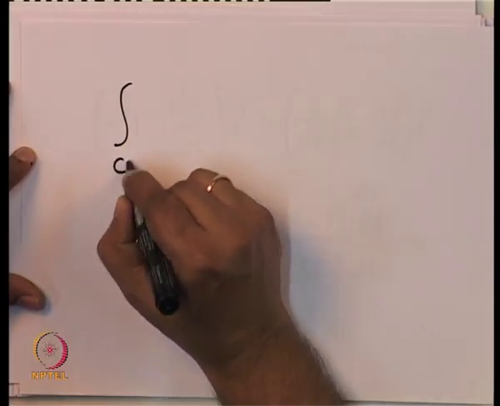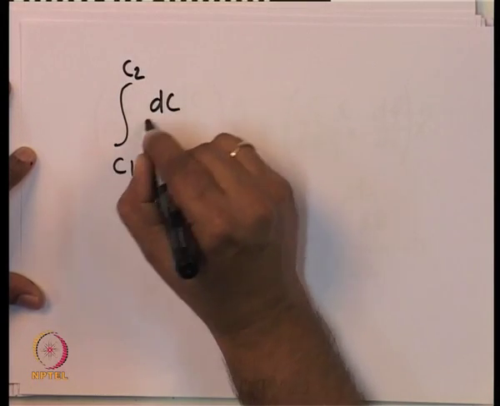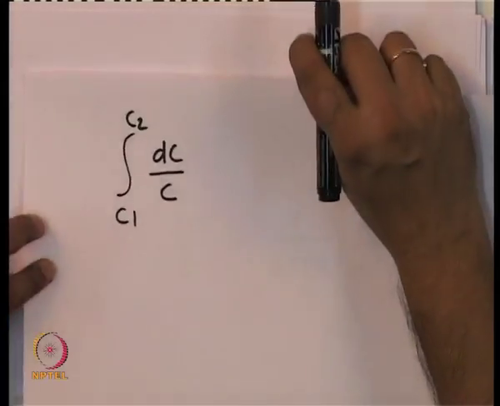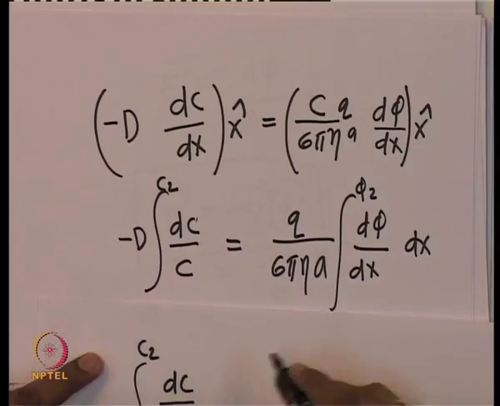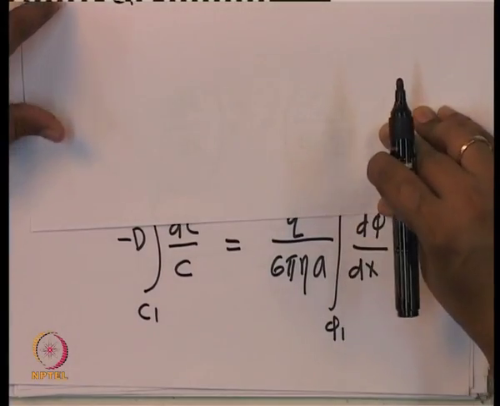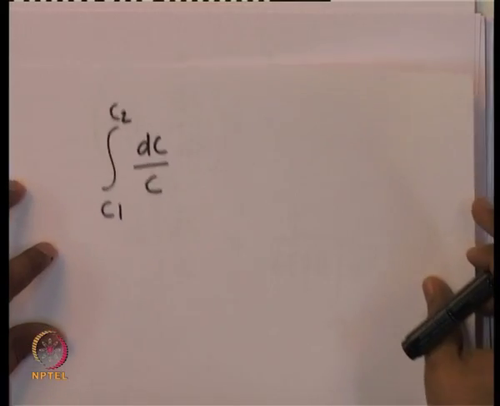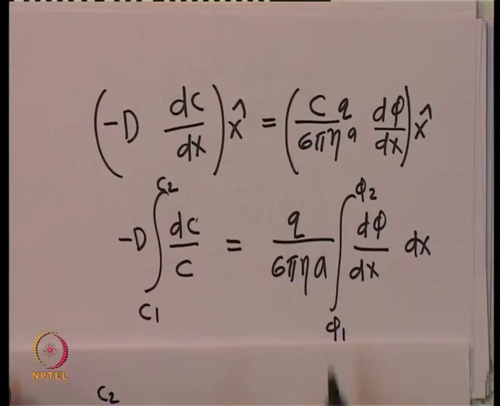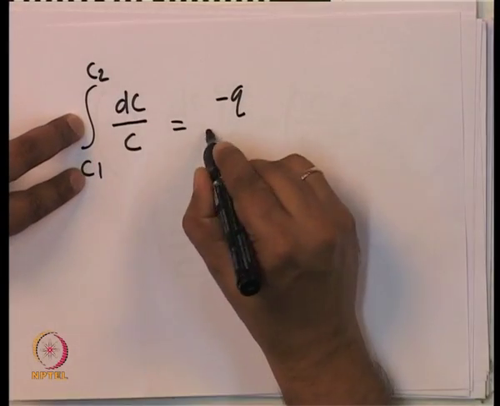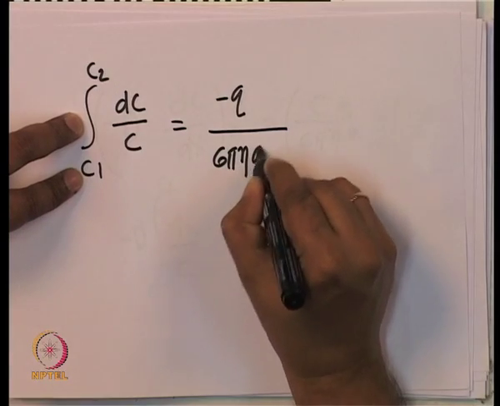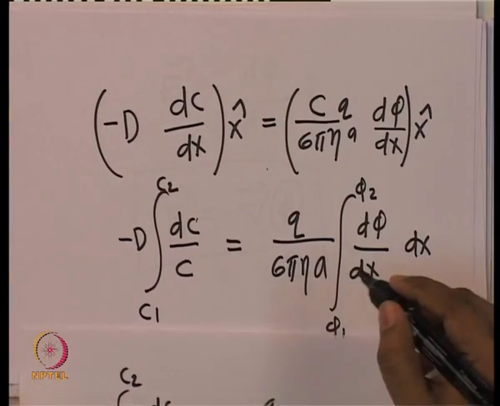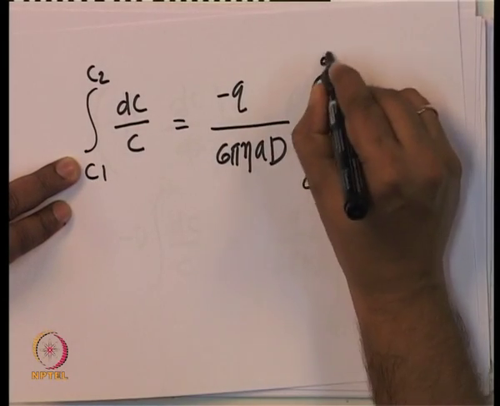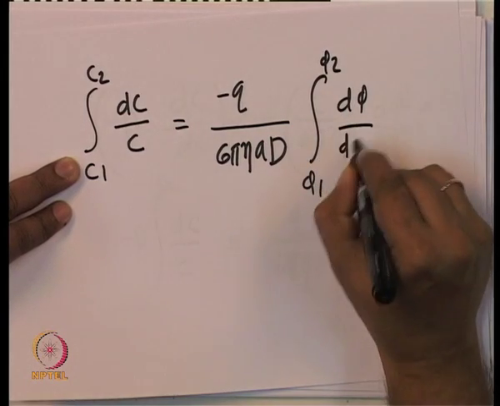We have the integral c1 to c2 dc by c, and I take the minus sign this side. So, what you get is minus q times 6 pi eta a d, and there is this integral phi 1 to phi 2 d phi by dx into dx.